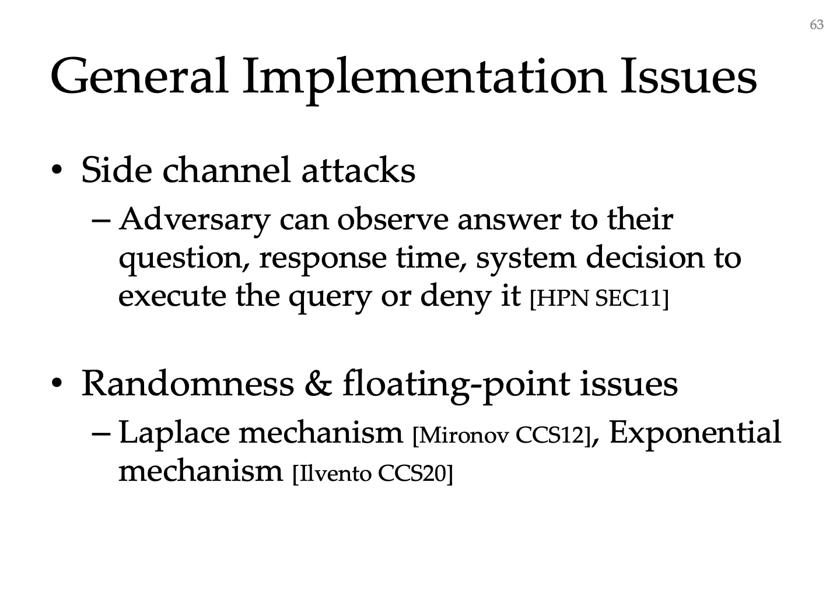In some cases, by observing these execution side channel leakages, the adversary can actually infer some critical information about the original database. The second point is the randomness and floating point issues. The randomness implementation in differential privacy is a big issue. For instance, how could we guarantee that the randomness is honestly generated?